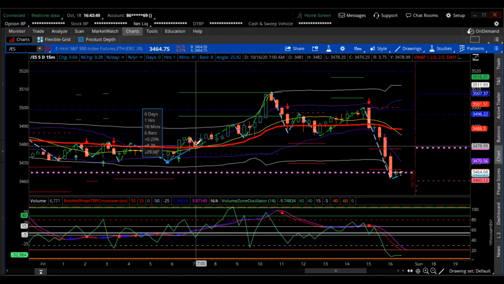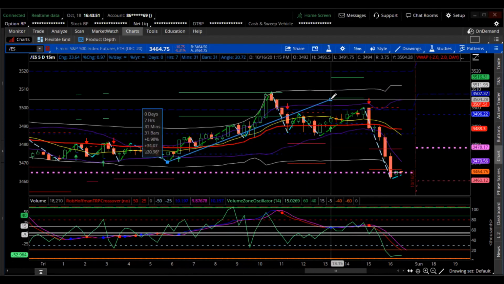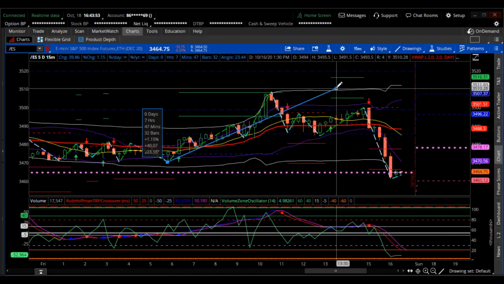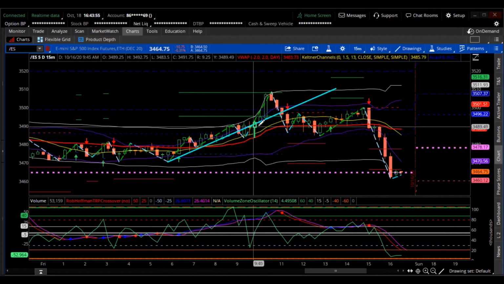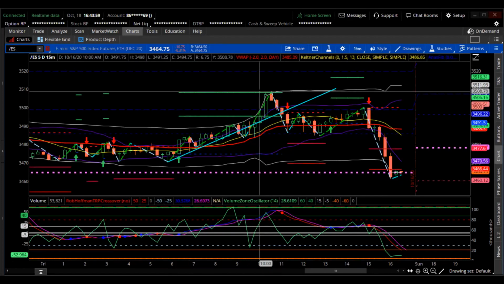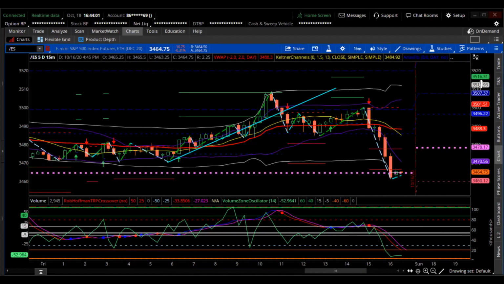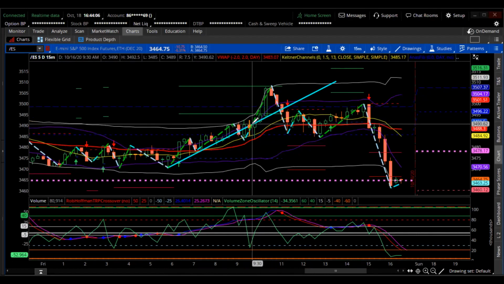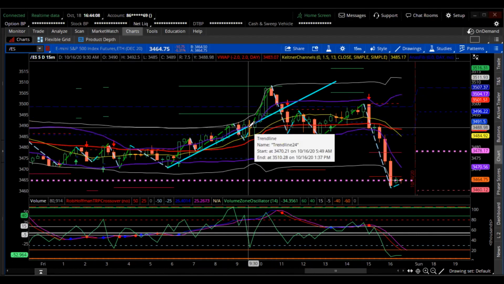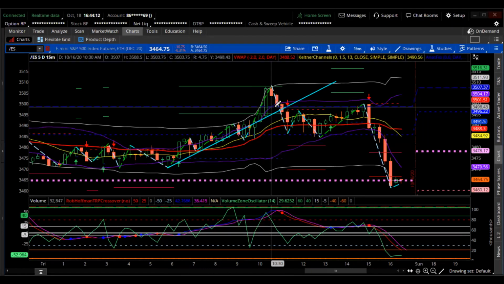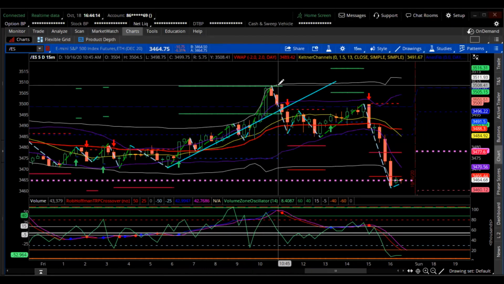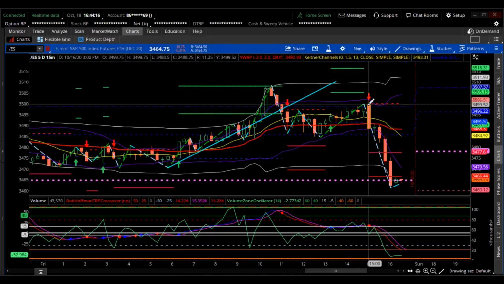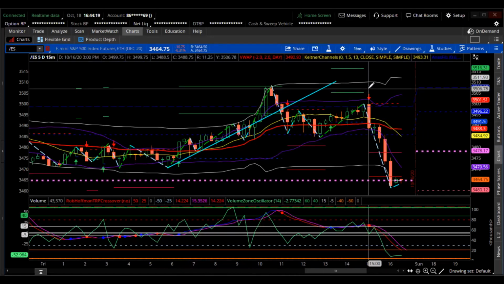So the next line is actually there, even though this violated here and then rose up again, as expected when we had the consumer sentiment at 10 o'clock on Friday. And after that, we kind of fell as the NASDAQ was falling around this time.